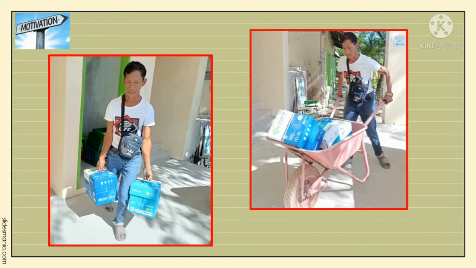Which picture do you think will finish the work faster? Very good. Picture B. The wheelbarrow helps Mang Johnny to carry the boxes easier and faster. The wheelbarrow is a simple machine.